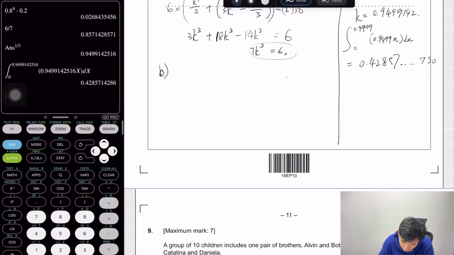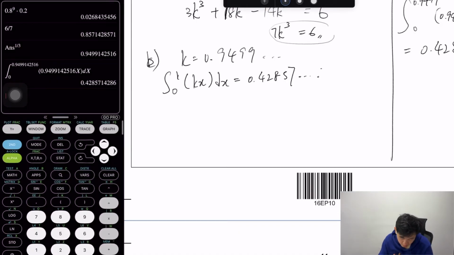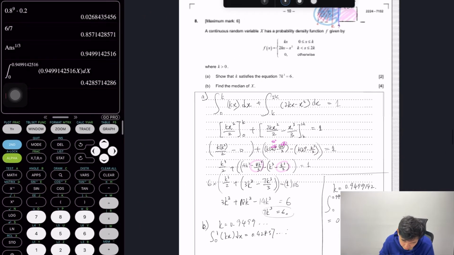First of all, we're going to show that k equals 0.9499, right? And then the integral from 0 to k of kx dx is equal to 0.42857 and so on. Now our job is to figure out the exact median.